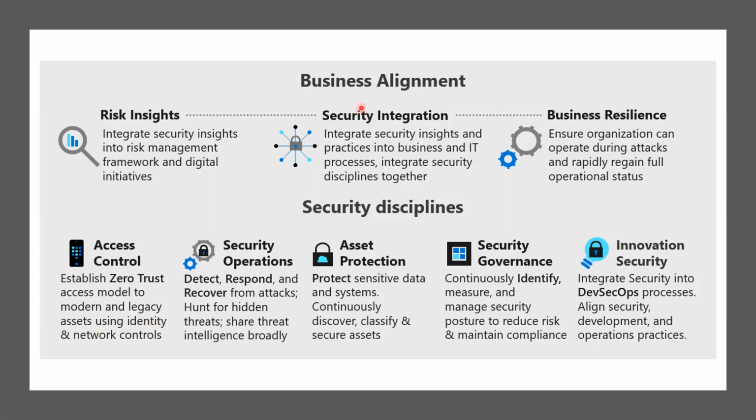The secure methodology consists of three ways to integrate security into a large organization: 1, 2, 3, and five security disciplines which should be a part of your security program: 1, 2, 3, 4, and 5. This image I have borrowed from Microsoft, which is pretty much self-explanatory.